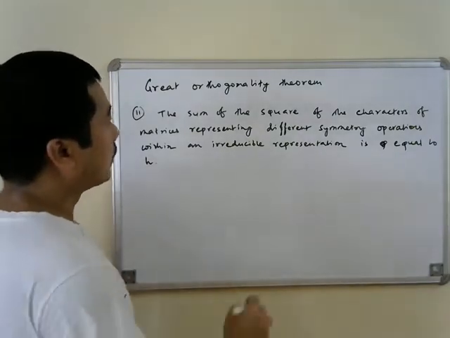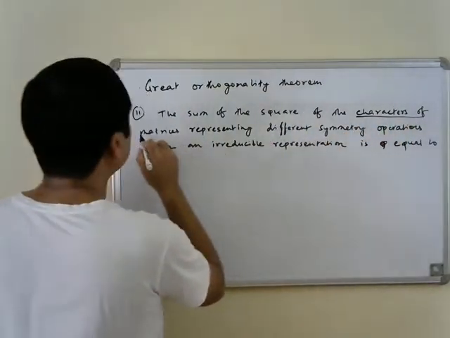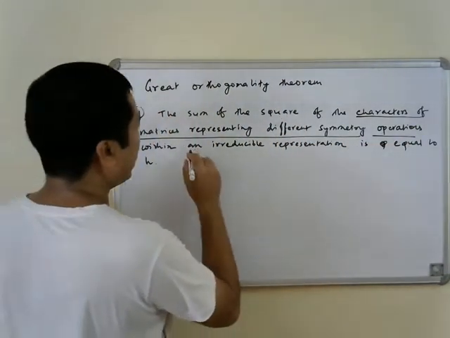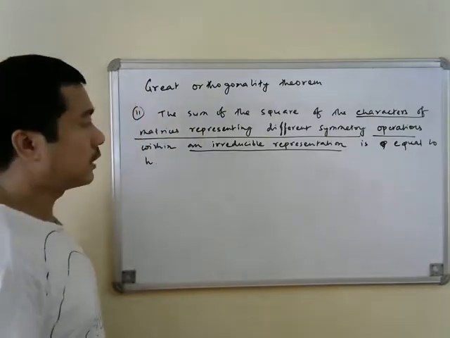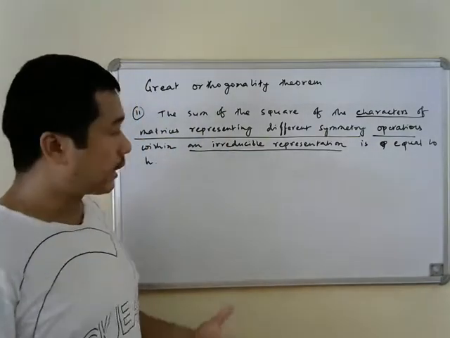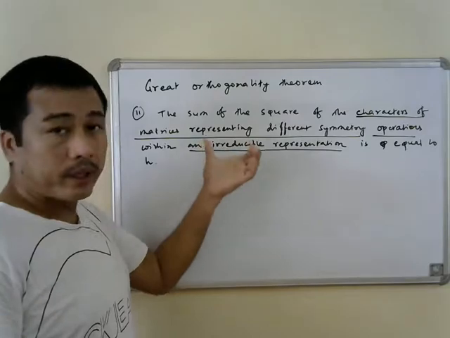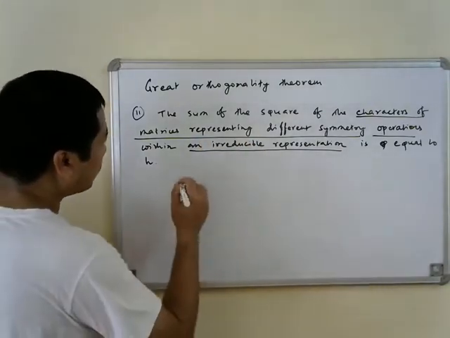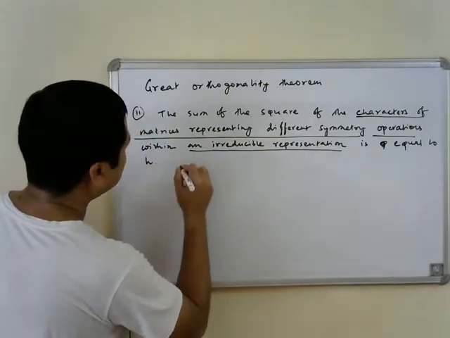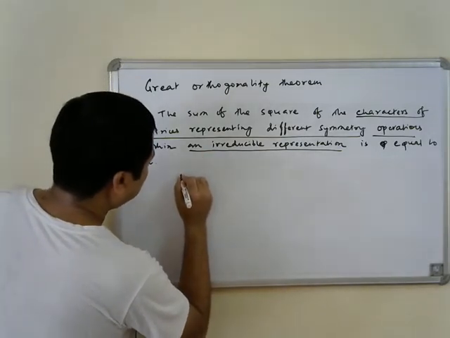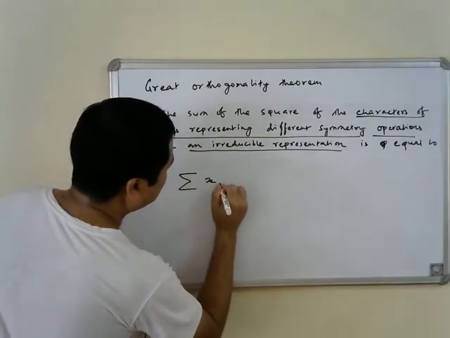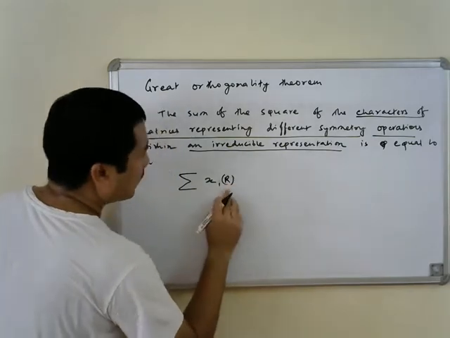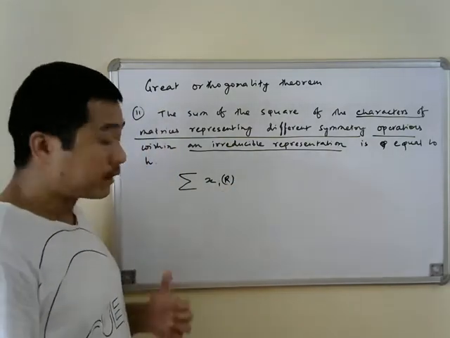So what does this say? We take the character of matrices representing different symmetry operations within a particular irreducible representation, and if we take the square of these characters, then the sum of the squares of the characters is going to be equal to the order of the group. We denote this as chi, to represent character, and R is for a particular symmetry operation.